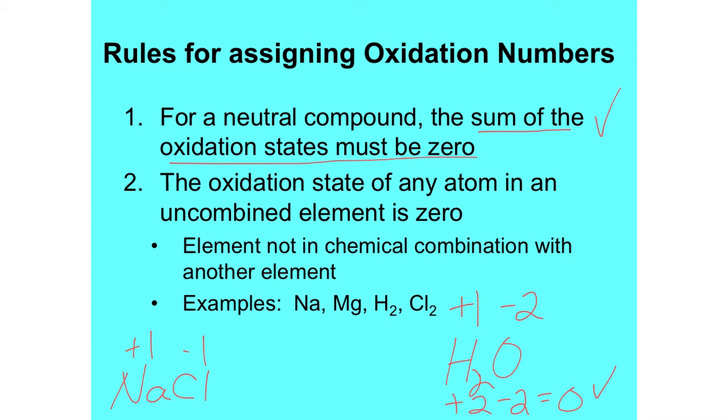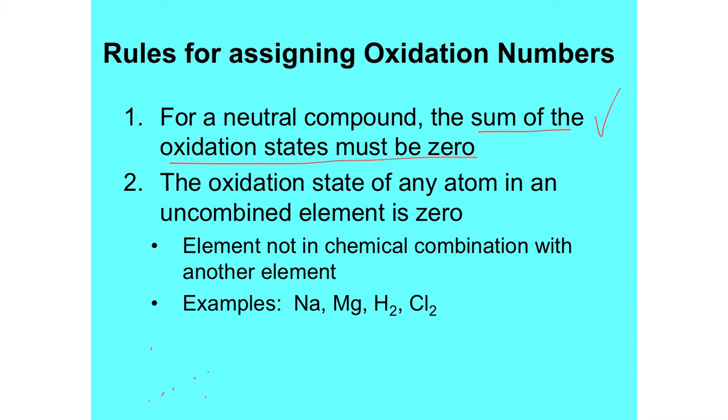Okay, rule number 2, the oxidation state of any atom in an uncombined element is 0. So what I mean by that is if the atom is all by itself and it doesn't have a charge, then its oxidation number is going to be 0. So when Na was in a compound, it was +1.